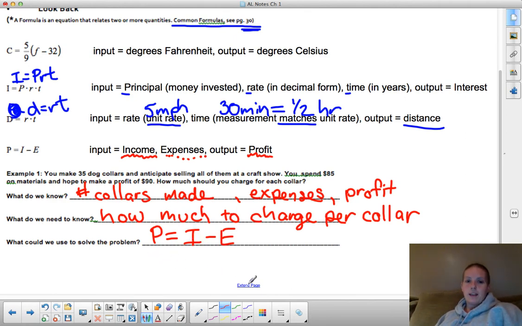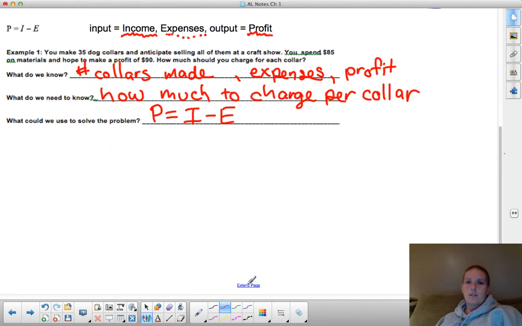Now we can go ahead and solve it, although oftentimes in this section we aren't asked to solve, which is why we're going to skip it. It's really knowing how to answer these three questions that we're looking for. But let's fill in some values so we have just a little extra work. We want to make $90.